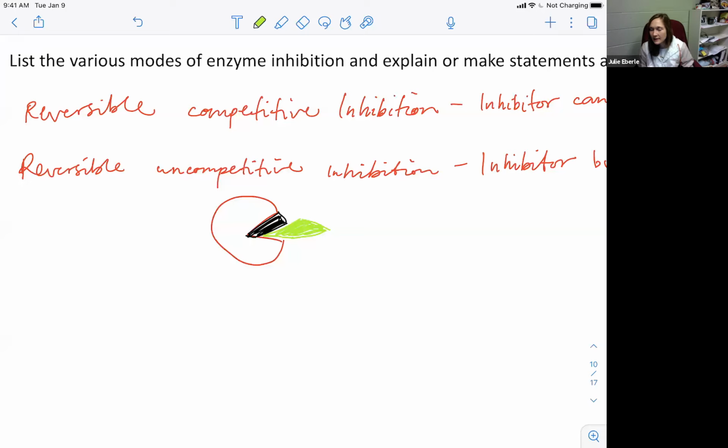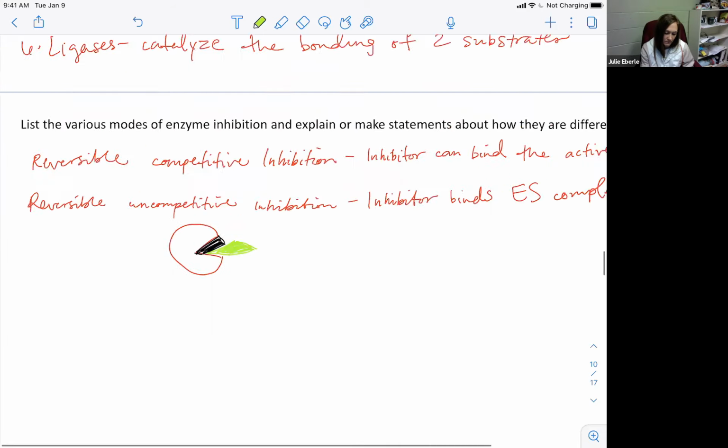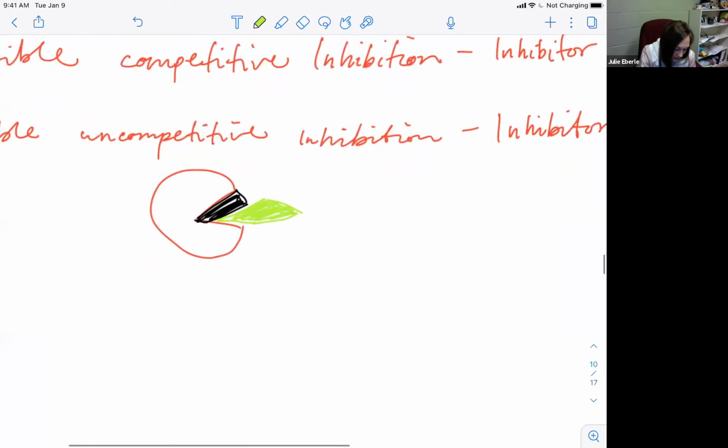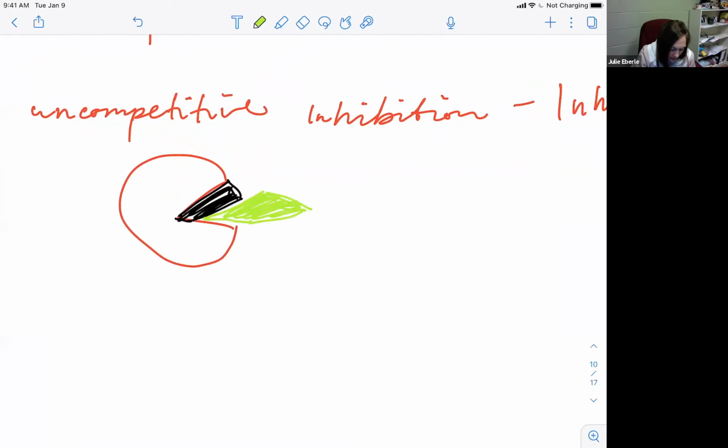And then it's just stuck and the enzyme's inhibited because it can't release the substrate, the catalytic activity is slowed down or inhibited in this way. Okay, so it binds the enzyme substrate complex. My picture actually may not be the best because it looks like the inhibitor is binding the active site.